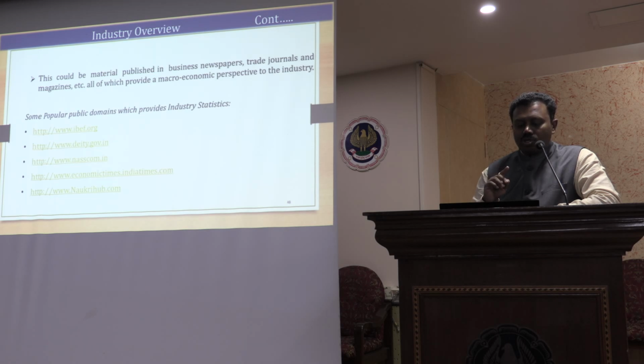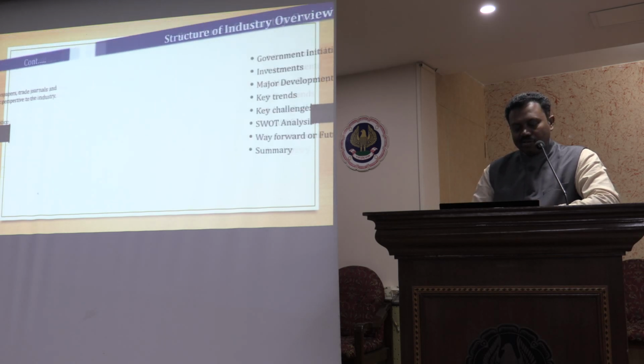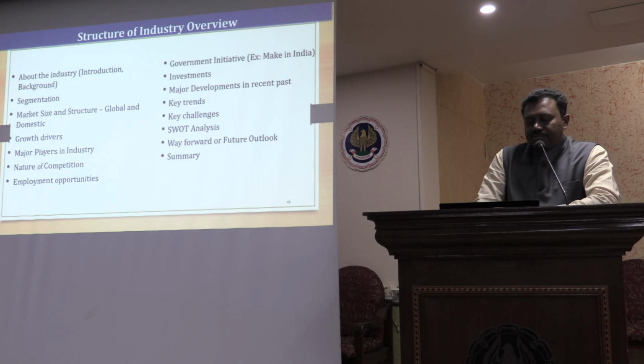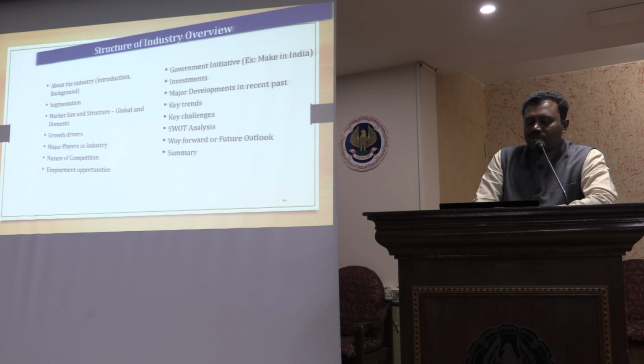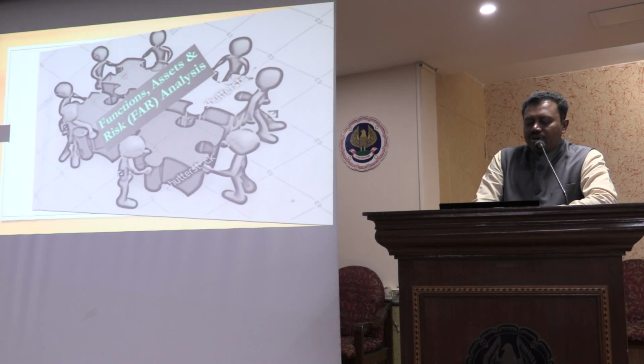Industry overview: this could be material published in business newspapers, trade journals, magazines, all of which provide a macroeconomic perspective to the industry. Instead of doing all the Google, go to these. I think we find a lot of data on these websites. All these things need to be documented in your analysis.